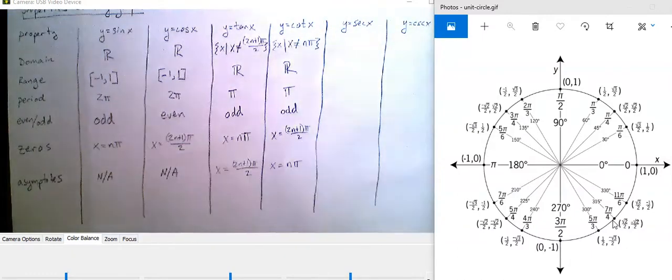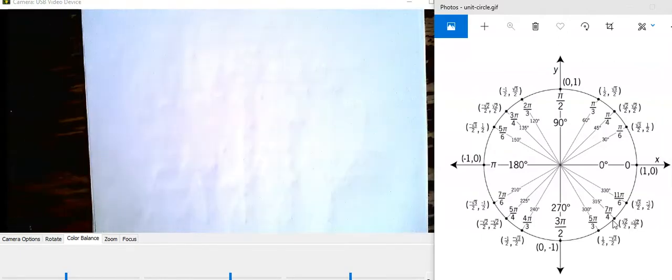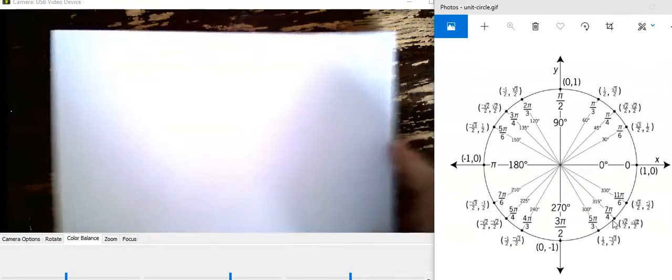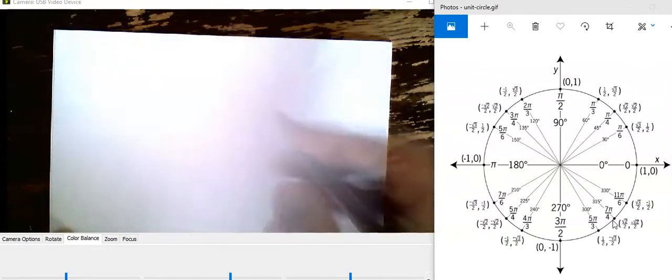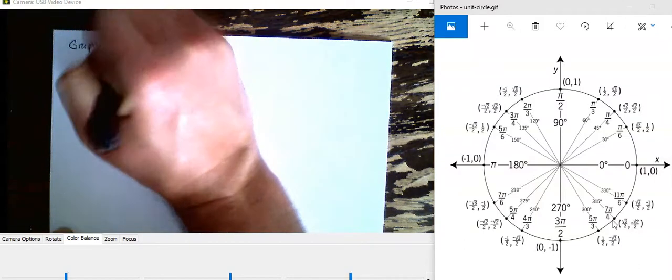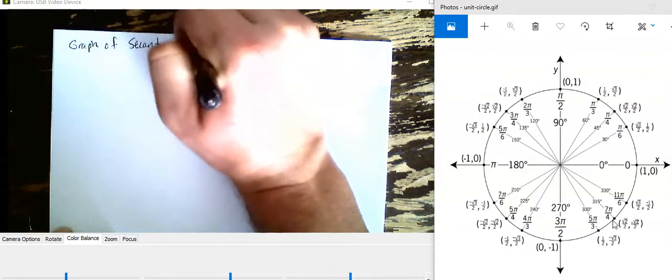Okay. Now let's look at secant and cosecant. Then we'll deal with transformations. So the graph of secant, y equals secant x.